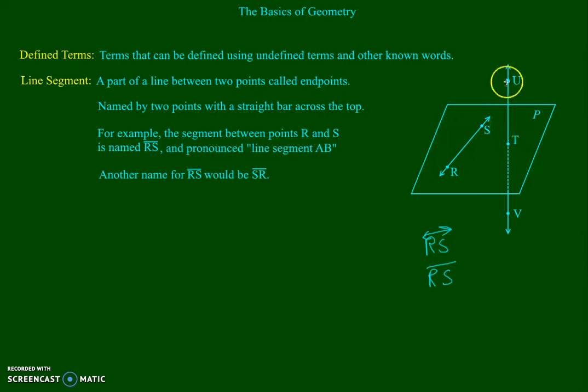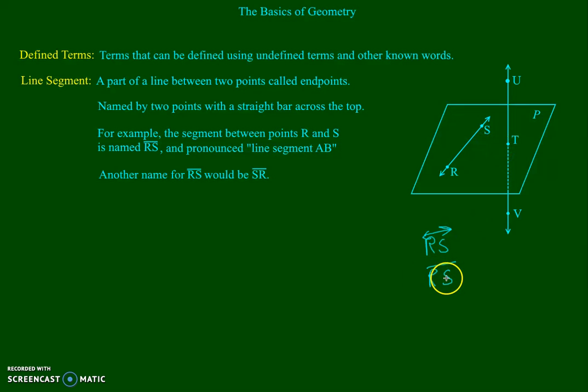Segment UT and TU would be the exact same segment. Segment TV and VT would be the exact same segment. Now, in this plane, we don't have a segment described by S and T. We could draw one in this picture, but at this particular point, there is no segment ST, so we would not list that as one of the segments that's in here.